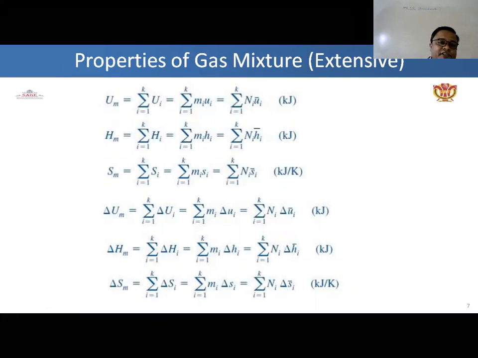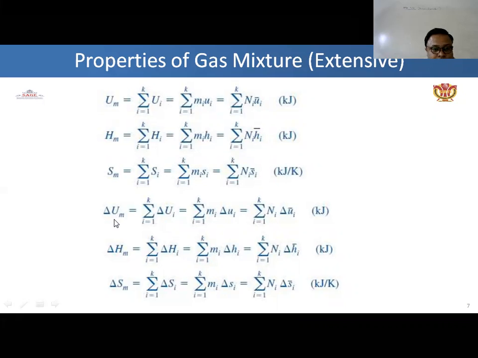The extensive properties are internal energy, represented by UM for the mixture, enthalpy HM, and SM, that is the entropy of the mixture. Internal energy is in kilojoules, enthalpy is in kilojoules, entropy is in kilojoules per degree Kelvin.